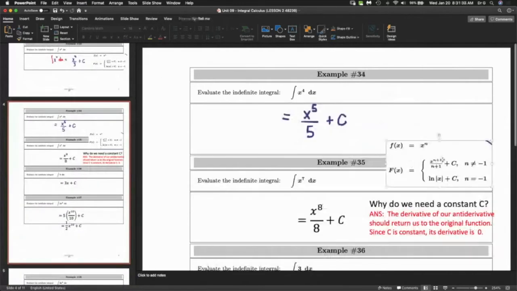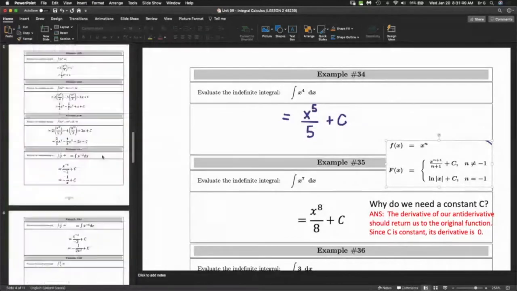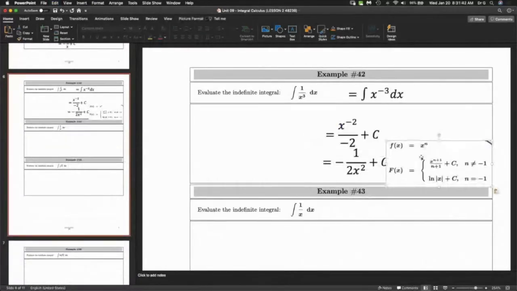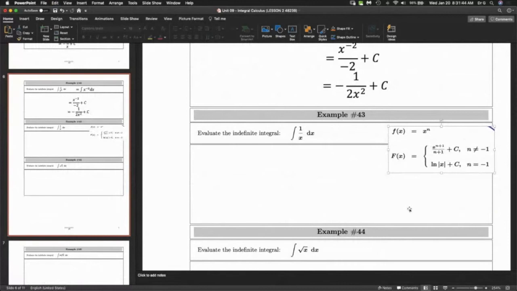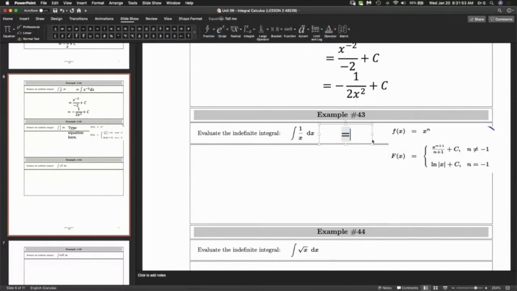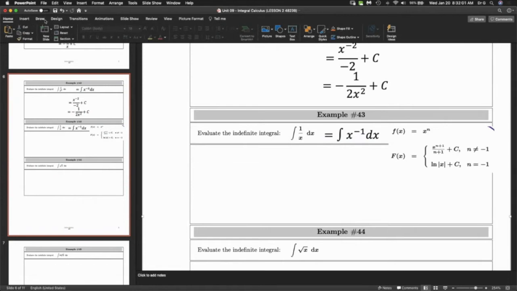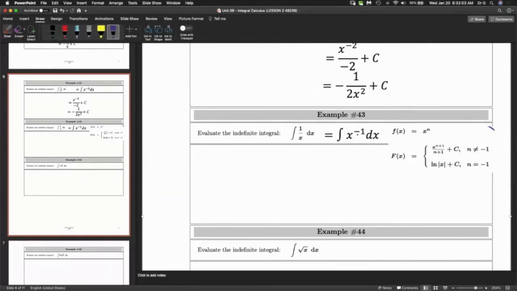Question 43. Very, very critical question, because it's the rule. Take a look at the rule here. In this case, it's 1 over x, and if you rewrite 1 over x, it's the special case. Do you see that? When you have negative 1 here, it's the only time that you write this answer.